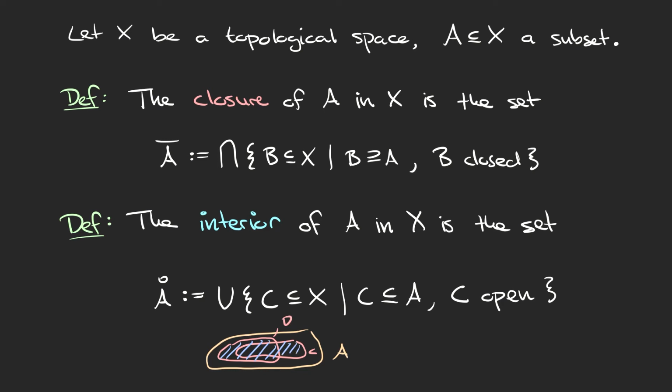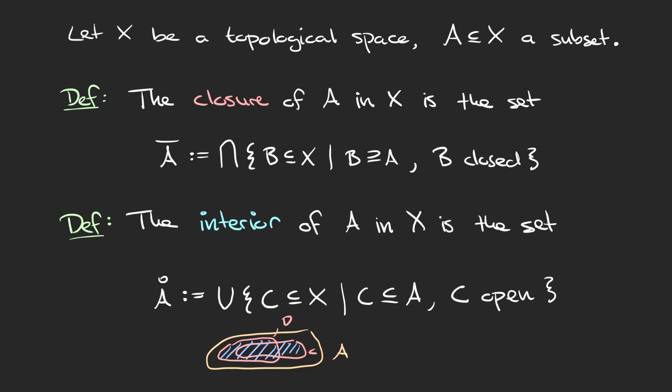Notice that because we're taking a union over a collection of open sets, the result is again open, so the interior of A is an open set. Moreover, it's the biggest set that's open and contained in A. This is because if we have any set that's open and contained in A, it'll be contained within this union, and that shows that the union is the biggest open set that is contained in A. Maybe an analytic way of thinking about the closure and the interior would be thinking about them as approximating A by closed sets and open sets respectively.